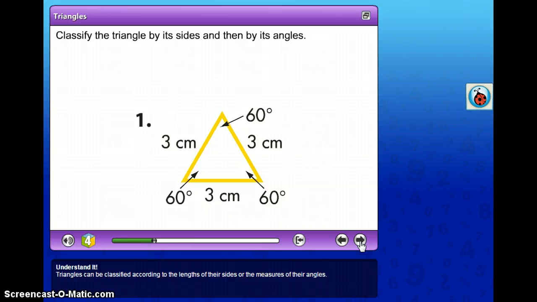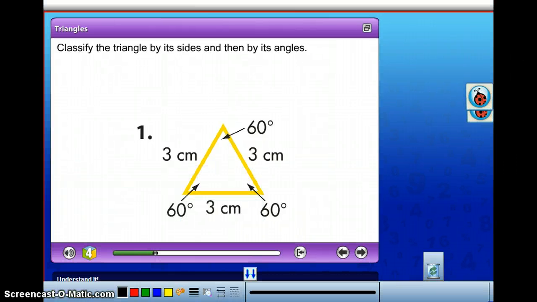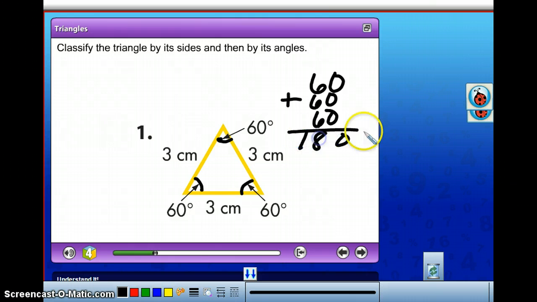Now, let's get back to what we said a minute ago. We said all the angles of a triangle must add to equal how many degrees? 180. So if I take this angle right here, that is 60, and this angle here, that is 60, and this angle here, that is 60, and I add them, I get 180 degrees.